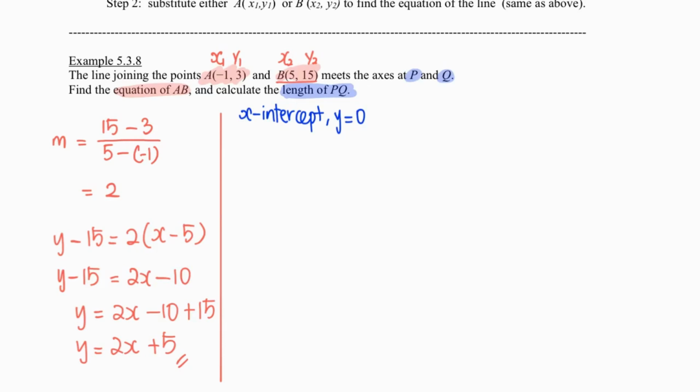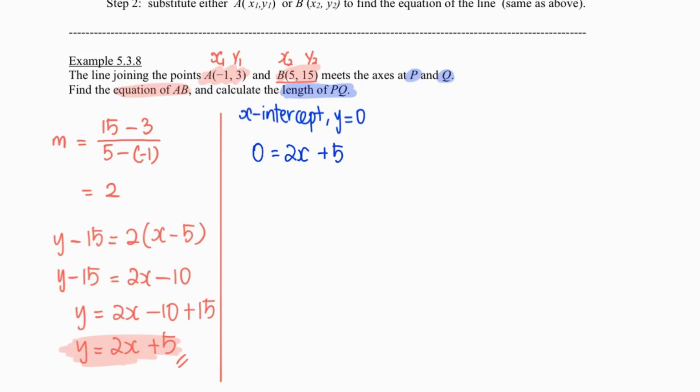Okay, so I'm going to substitute y equals 0 into the equation. And where is the equation again? The equation, we just found it here. Alright, so now y is equal to 0. This allows me to find my x value of this x-intercept.